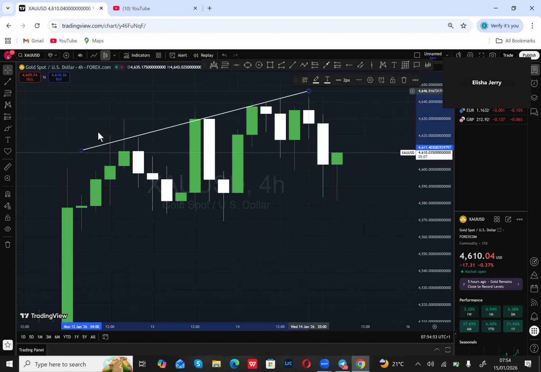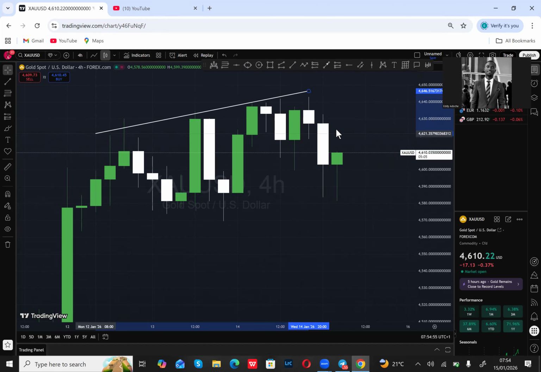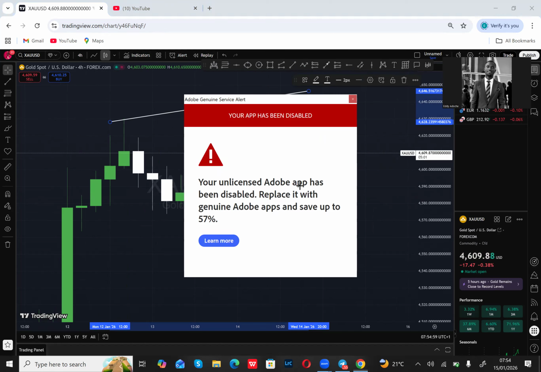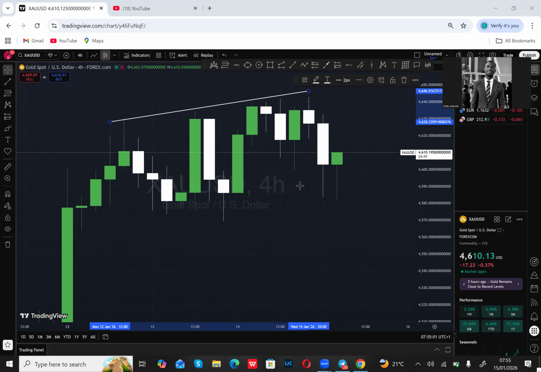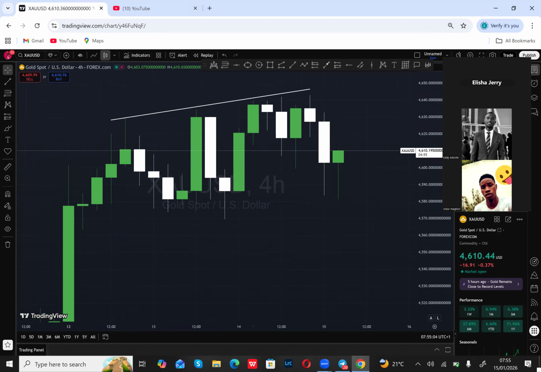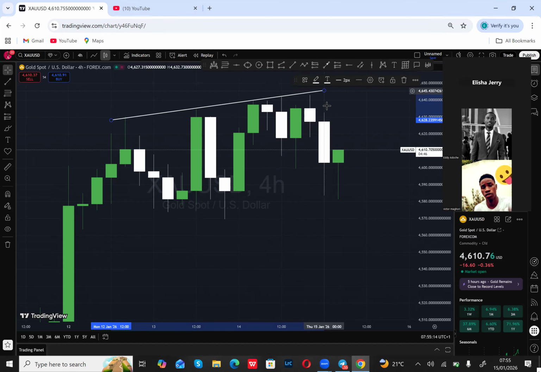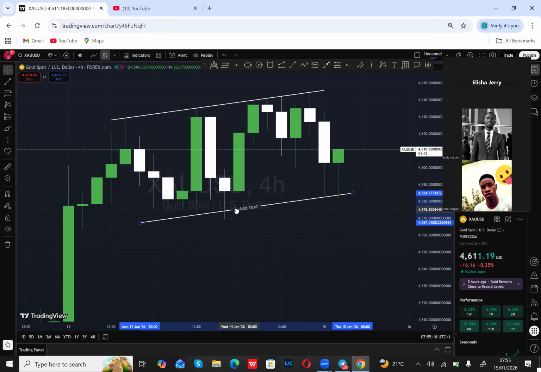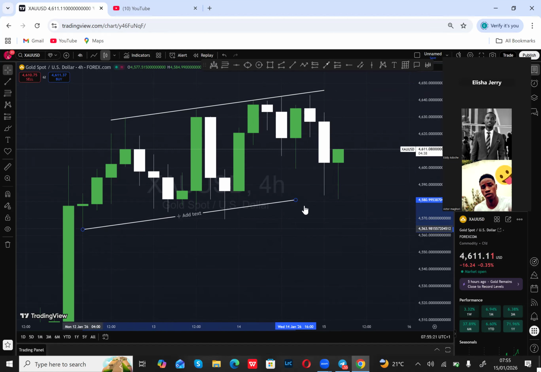From here we have trend line resistance, and then a trend line support for this buy here.